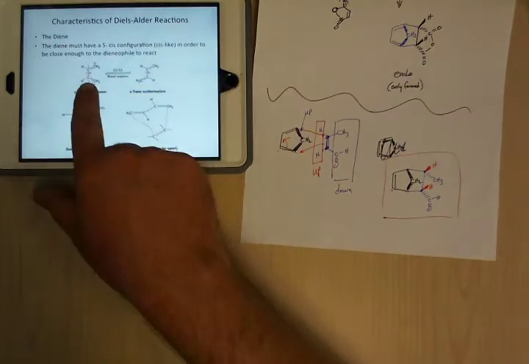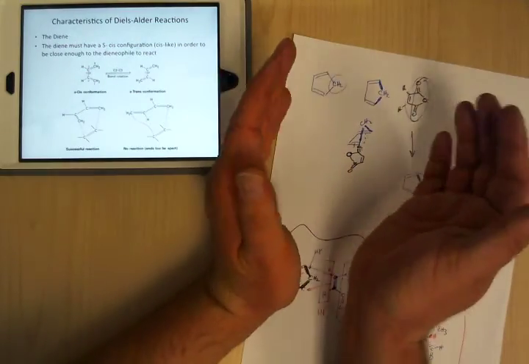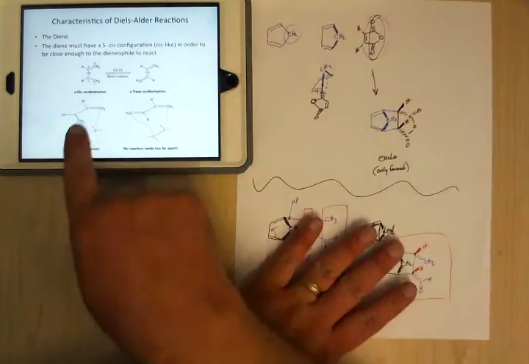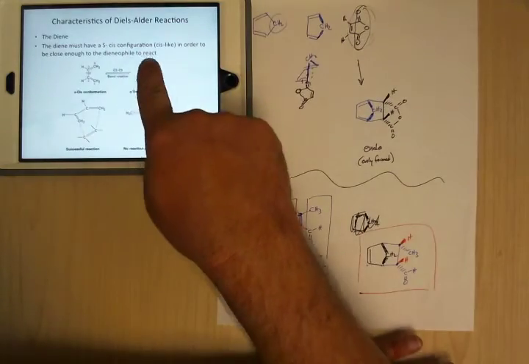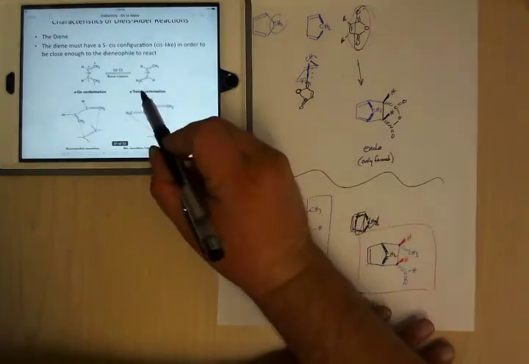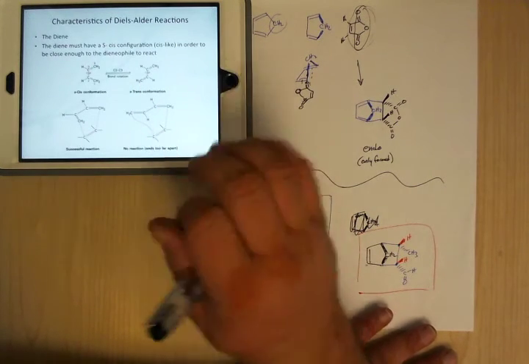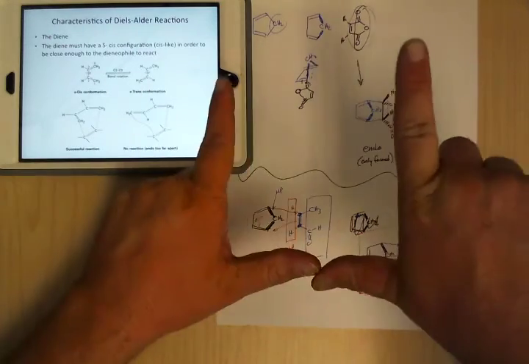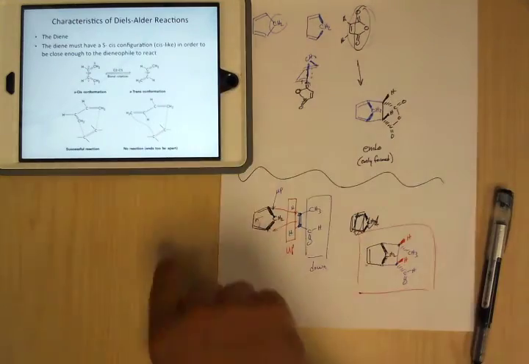And so what can happen is, you notice how I'm drawing these, they're all together in this cis configuration, and that's the way they have to be in order to make this six-membered ring. If they're in this trans configuration here, this carbon here is going to be too far away to form the cyclohexane. So it's going to have to rotate to get into this configuration, so we can move forward.